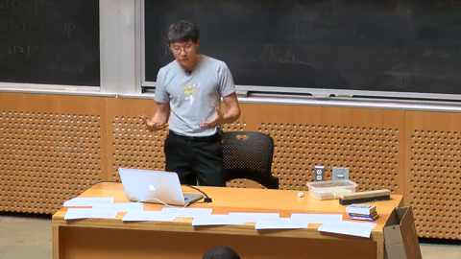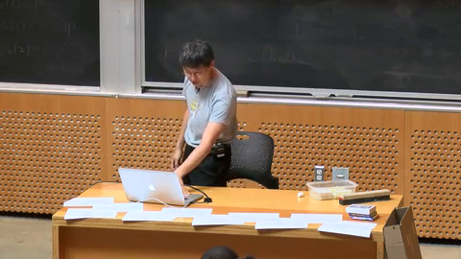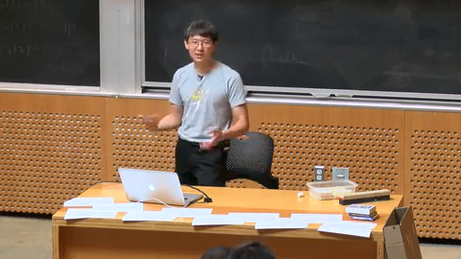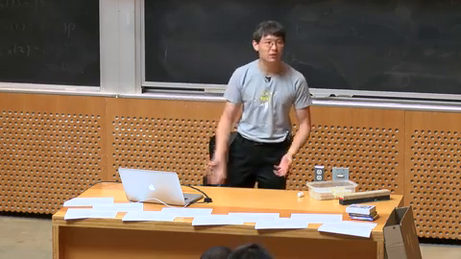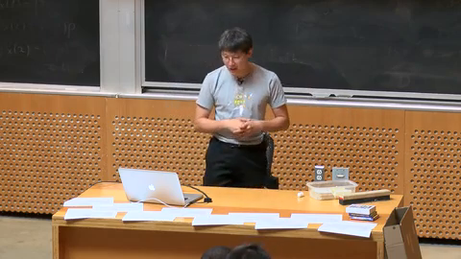Now, responsibilities. Again, I said designate someone to be a facilitator, and this person's job is to basically keep this whole session moving. We don't like to use the word leader because your job is not to be the head of the brainstorming session. Your job is to facilitate it, to be the clerical equivalent of moving the process along.